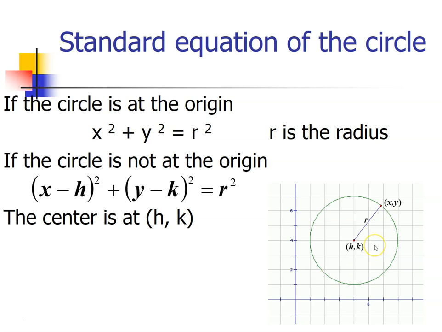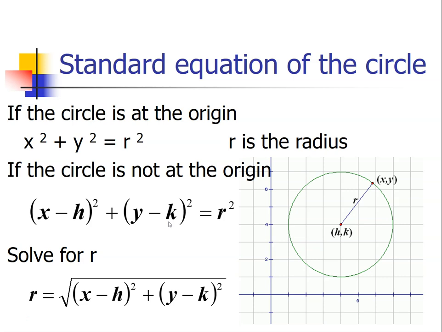The center of the circle is denoted as h and k. So if the circle is not at the origin, how do you find that? You write (x minus h) squared plus (y minus k) squared equals r squared. And the center is the value of h and k.